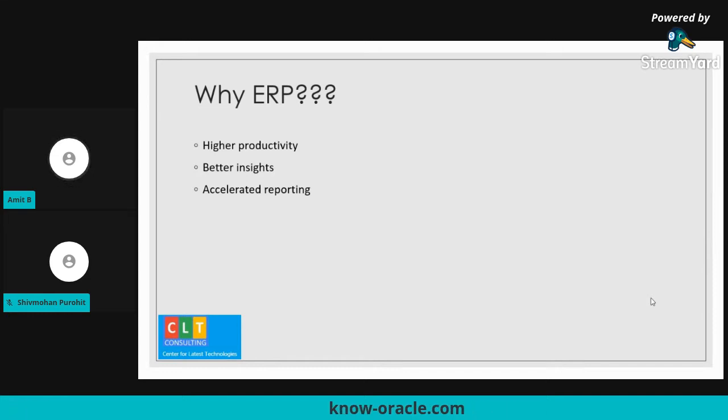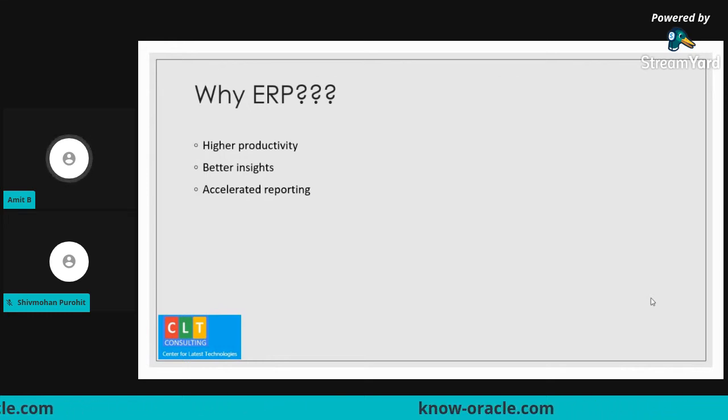Then what is accelerated reporting? Accelerated reporting is when your entire data is under one umbrella and under one database. So it is very easier to access and manipulate the data.